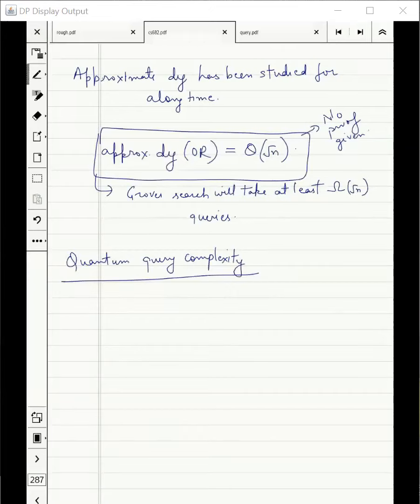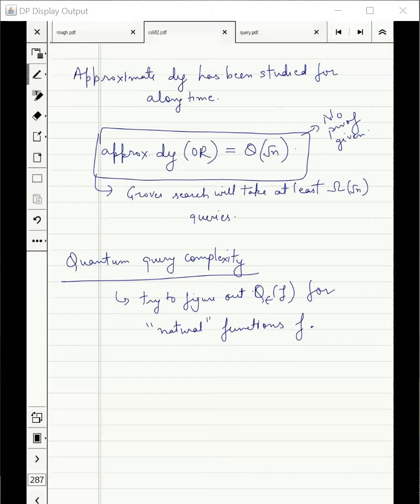This is the area, quantum query complexity, where we try to figure out, for natural, interesting functions F, find relations between them, and find relations between quantum query complexity and other measures of complexity. This is a big area of research. But the main premise of this is, using quantum query complexity, we can give bounds on the time complexity.